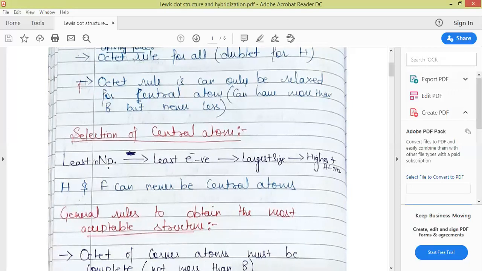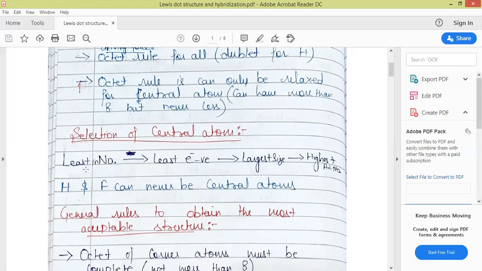If this also doesn't work, then we see the highest atomic number. The atom having the highest atomic number will serve as the central atom. Generally, we are able to select the central atom up to the least electronegative. So first is least in number, second is least electronegativity, then largest size, then highest atomic number.